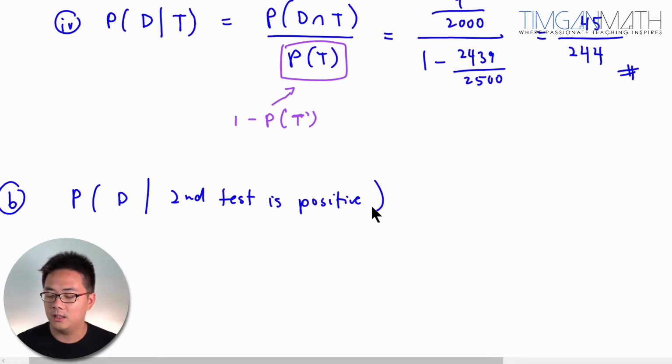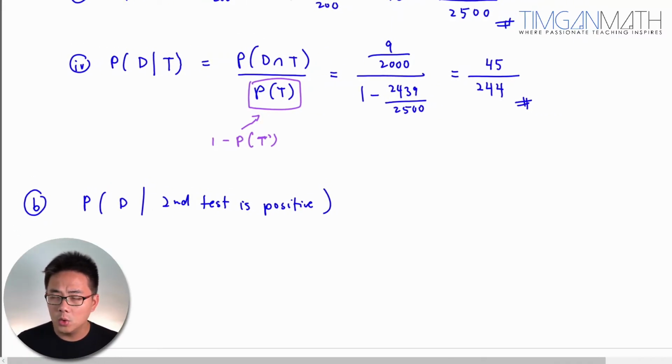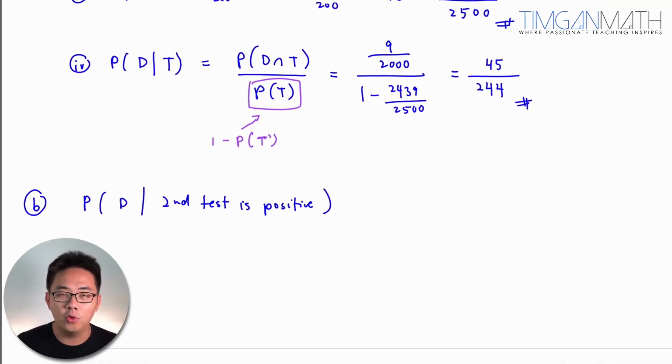Second test positive means you go through this test twice and you get two consecutive positives. What are the chances that you're a diseased person? That's pretty interesting. If this probability is higher, the better, meaning the test could minimize error.